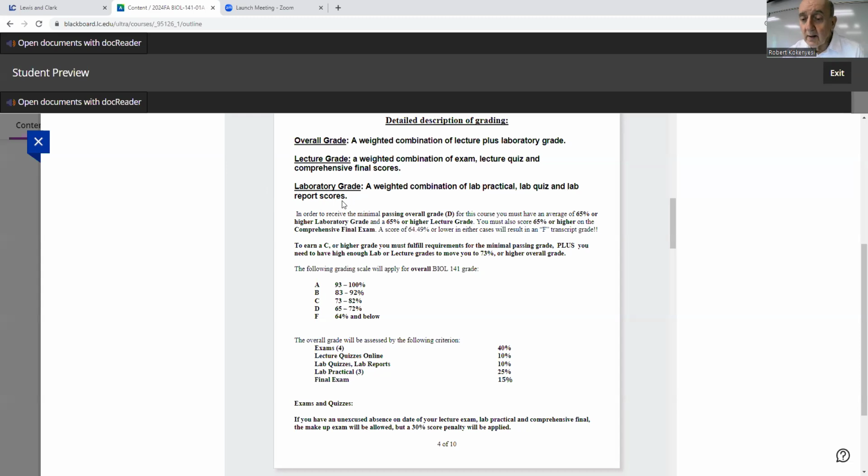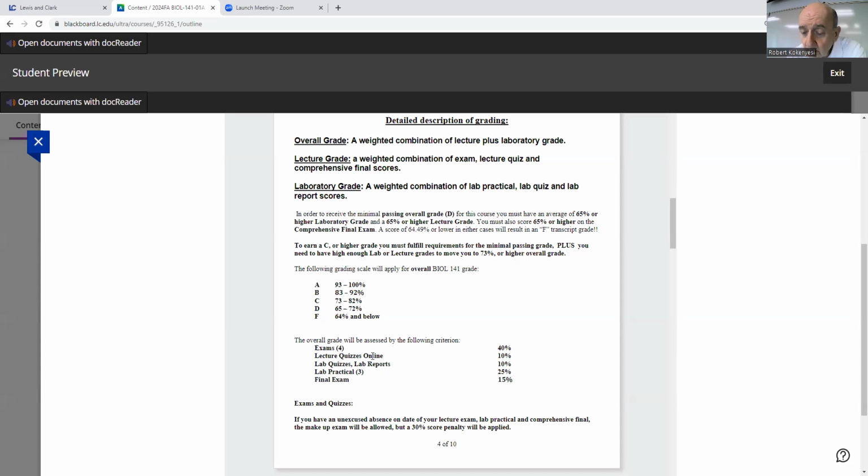So what are the smaller items that contribute to lecture grade? You see down here, lecture exams and lecture quizzes that you'll be taking online. The exams are 100-question exams. The lecture quizzes are 15-question quizzes. Both the exams and the quizzes are timed.